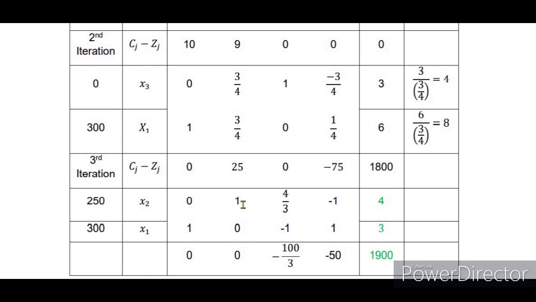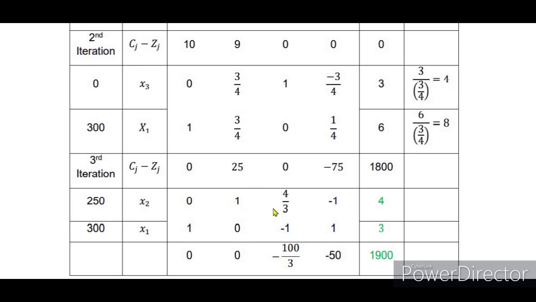So we will multiply 3/4 by 1. So 1 times 3/4 is 3/4. Now, we will subtract the previous value here of x sub 1 in the previous iteration. So 3/4 minus 3/4 is equal to 0. Now we have an identity matrix between x sub 2 and x sub 1. Do you get it? 0 and 1 and 1 and 0. Okay?